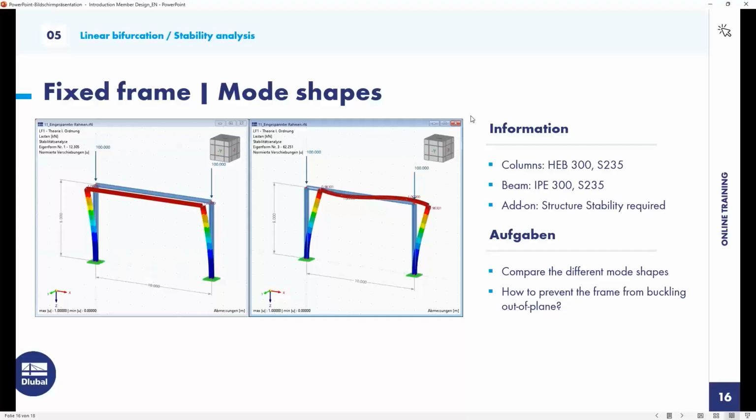In this last example, we again want to calculate the mode shapes for this fixed frame, and especially for the columns. And here it is not completely trivial to decide which effective length factors these columns have, because they are held by this horizontal member.